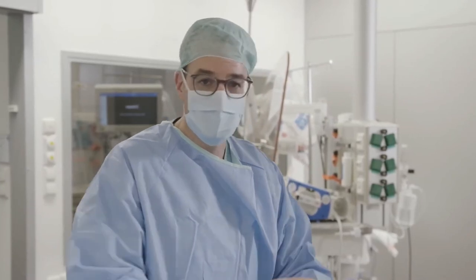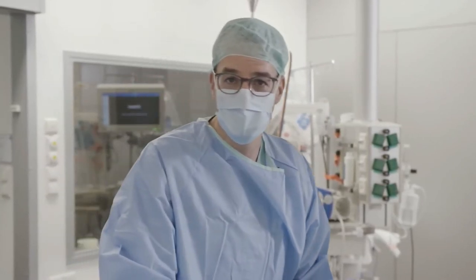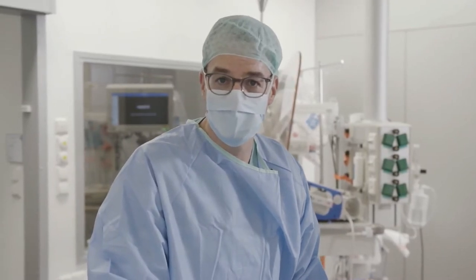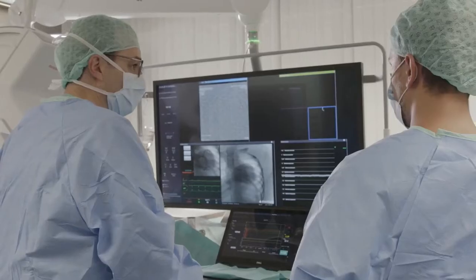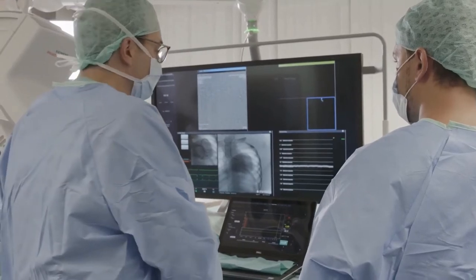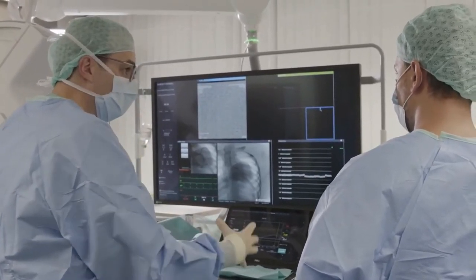And finally, we had to reassess the functional relevance of the LAD again, showing that there was no pathologic effect of the residual stenosis. This was completely radiation-free, which is one of the important advantages of the system.